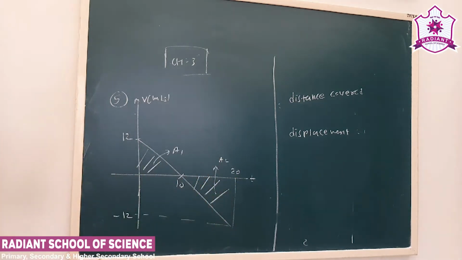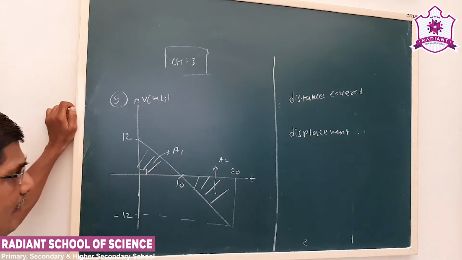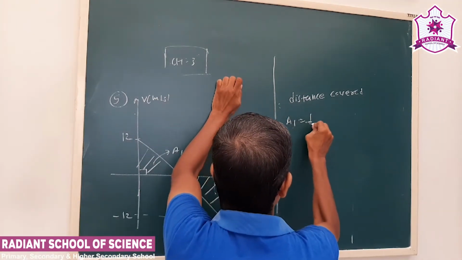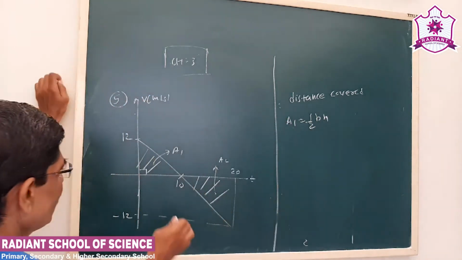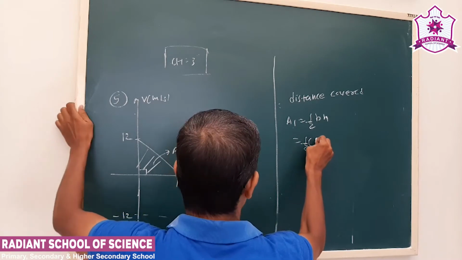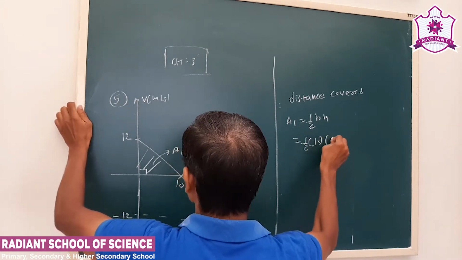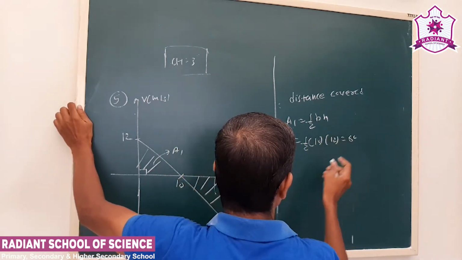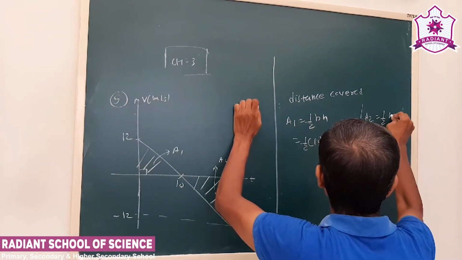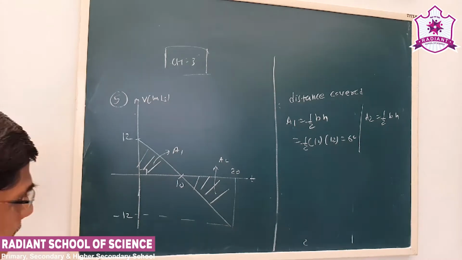Now this is a right angle triangle. So first we find the area, 1 by 2 base into height. What is the base? 10. What is the height? 12. A2 also is 1 by 2 base into height.